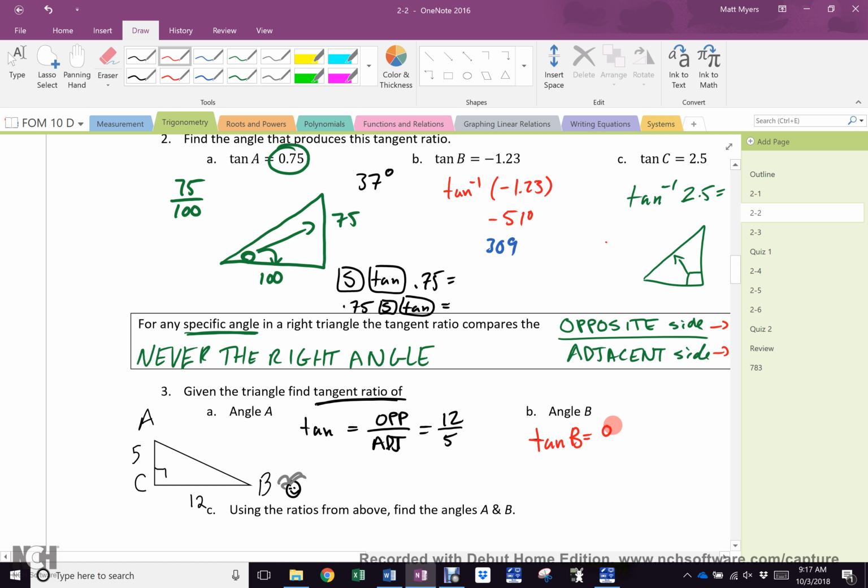Yes, because math doesn't change. It's still opposite over adjacent. What's opposite me now? 5. What's adjacent to me now? 12. Does everyone understand? Where I am in the triangle changes the opposite and the adjacent. It doesn't change the values, but it changes their names.